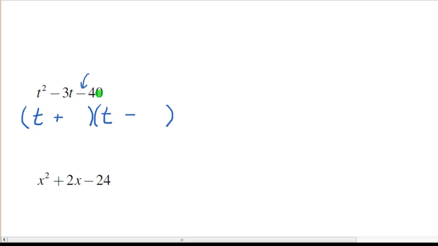This time we want two numbers that multiply to a negative 40. They add up to a negative 3. And so this time, because you have opposite signs, you're going to be subtracting to get that 3. So we know 40 is 40 times 1.